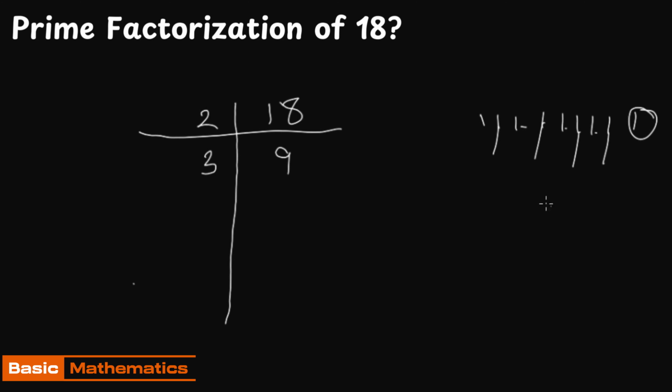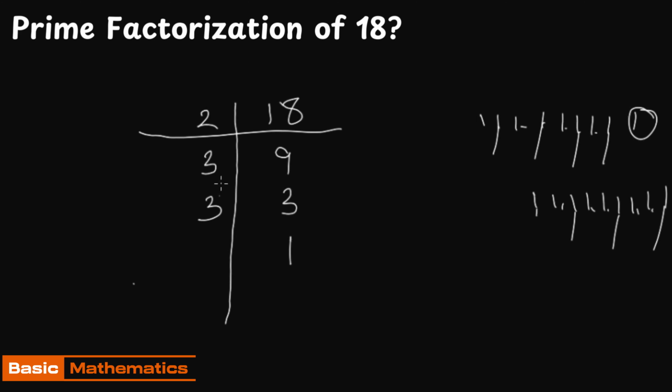Grouping in 3s, we have 1, 2, 3, 1, 2, 3, 1, 2, 3. So we have no remainder. So 3 into 9 is 3. 3 divided by 3 gives us 1. So the steps are, we continue the process until we reach 1.